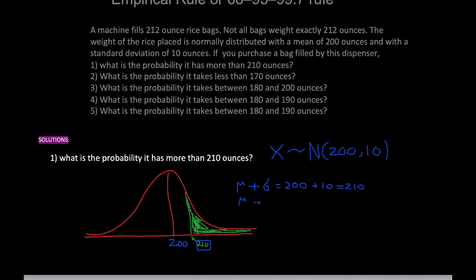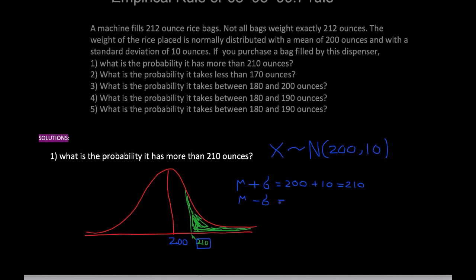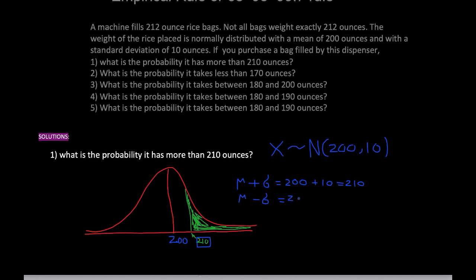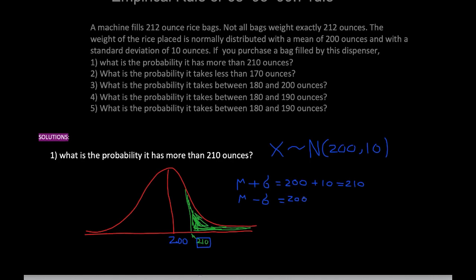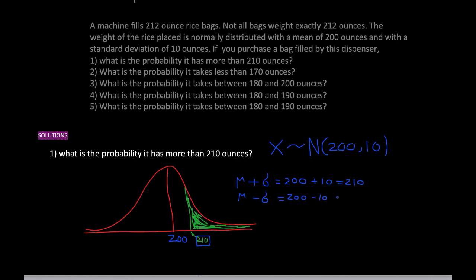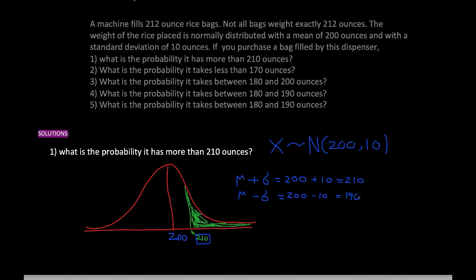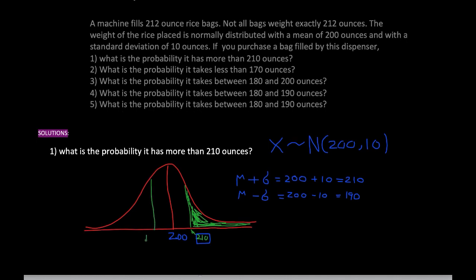Therefore, I will find mu minus sigma, which is 200 minus 10 equals 190. Okay, 190 is less than 200, therefore it should be somewhere over here.